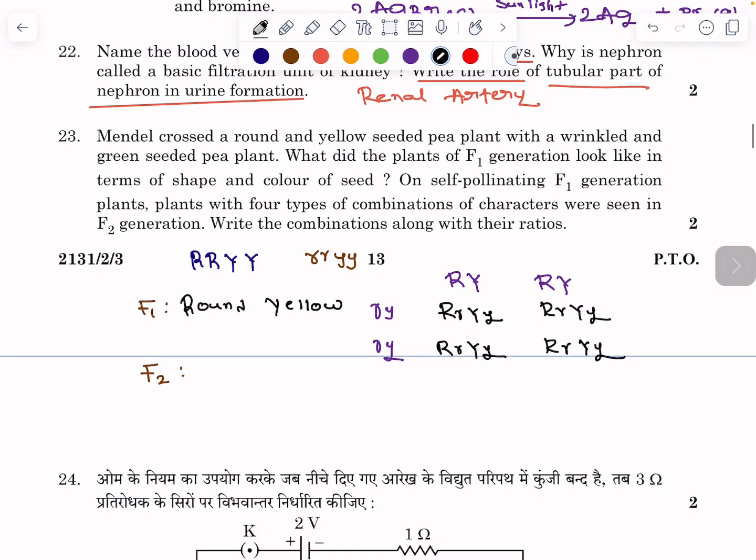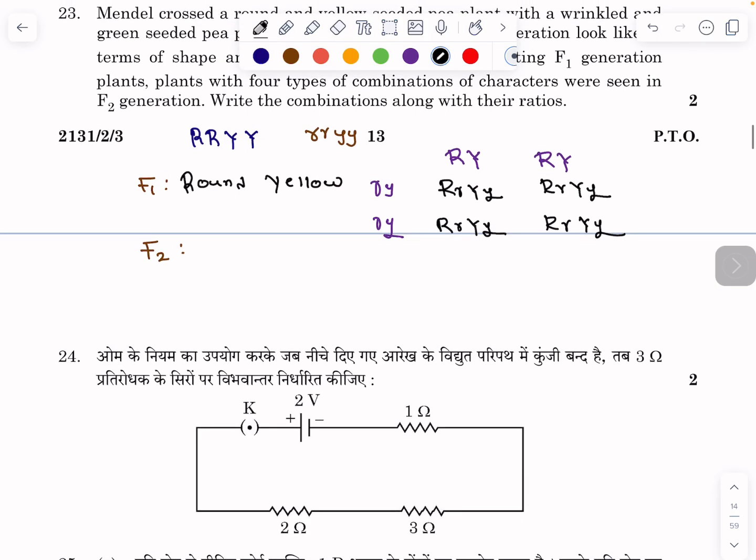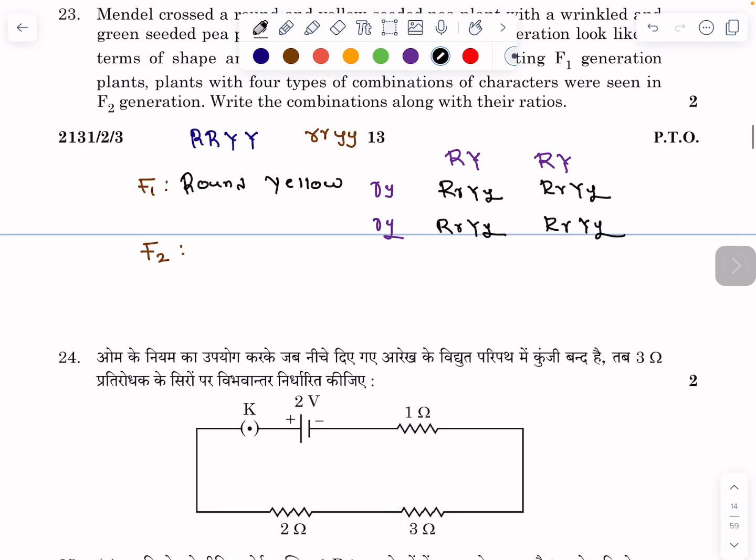Again, when you cross pollinate these plants in F2 generation, what type of plants will you get here? You cross pollinate these plants again, and you see like this, capital R Y. Again you cross pollinate these plants, capital R small y, small r capital Y, small r small y.